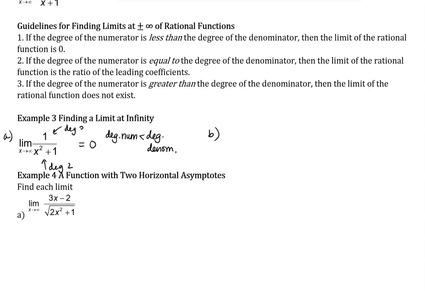The second example that I'm going to make up is the limit as x approaches negative infinity of x cubed plus 5 divided by x squared minus 2x plus 1. I start this off and apply direct substitution.